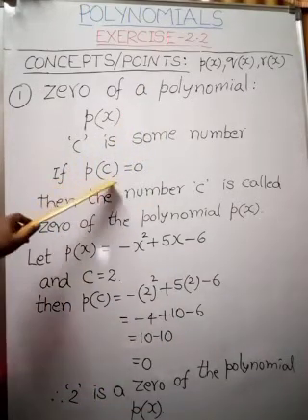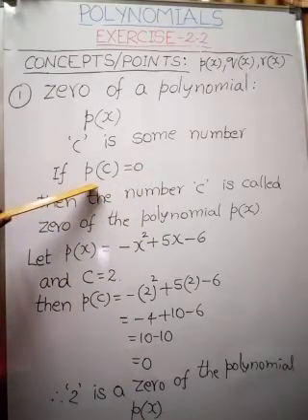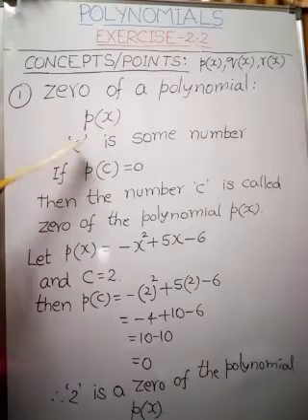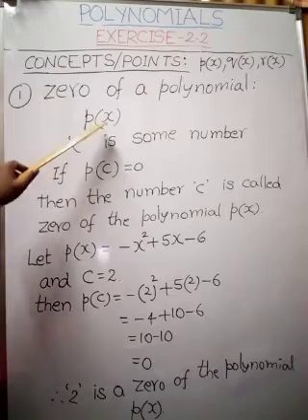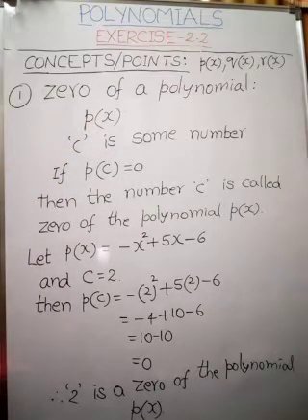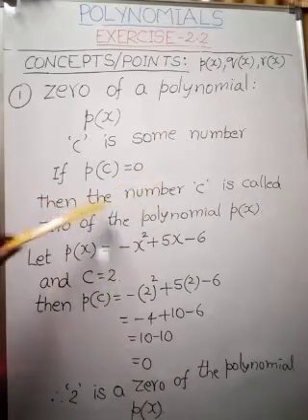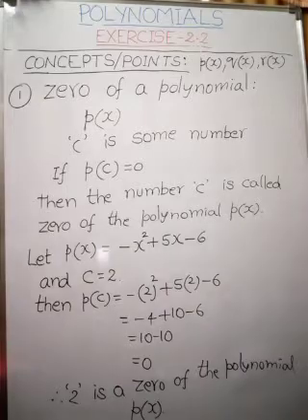If P of c is equal to 0, this sentence means if you substitute x is equal to c in the given polynomial, and after simplification, after calculation, finally we get 0, then the number c is called a zero of the polynomial P of x. Understood this point, my dear children?